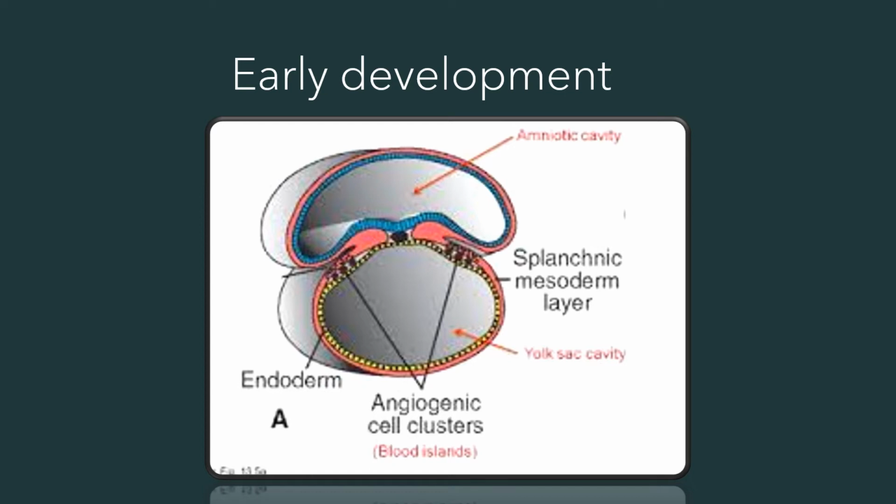Early development. During early embryonic development, small cellular pools, referred to as angiogenic clusters or blood islands, supply nutrition to the growing embryo. These clusters coalesce to form two heart tubes lined with specialized myocardial tissue. On approximately day 18, the heart tubes fold into what will become the thoracic cavity.